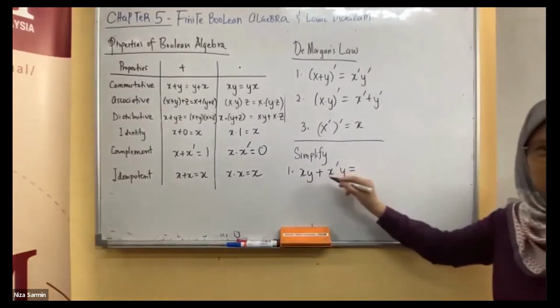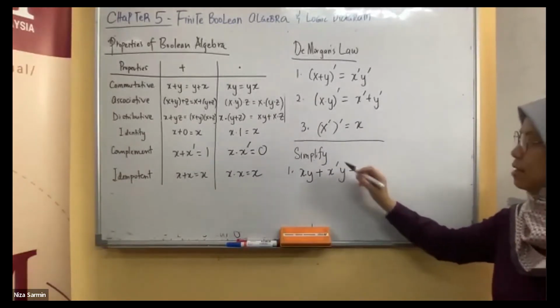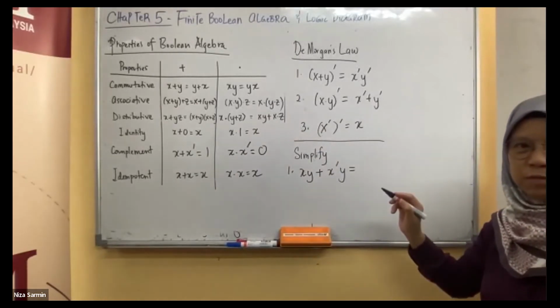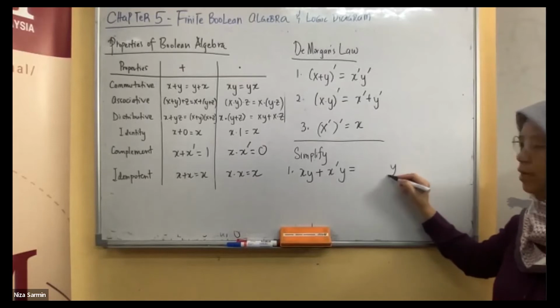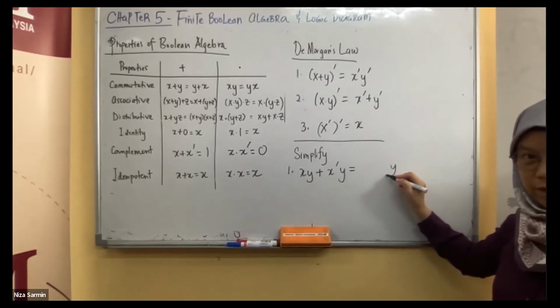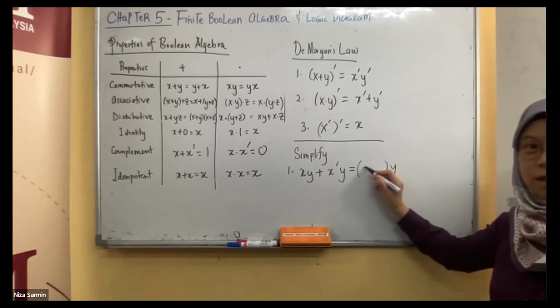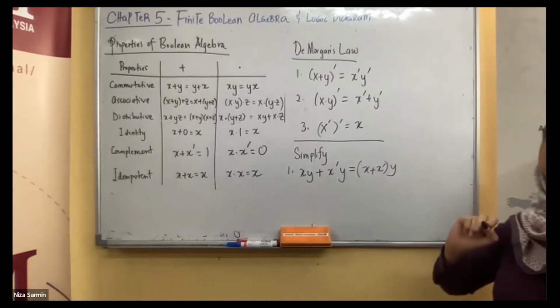How do you distribute this? Using the distributive property? How do you distribute? So you take the y, right? y. And what's left? x plus x prime.